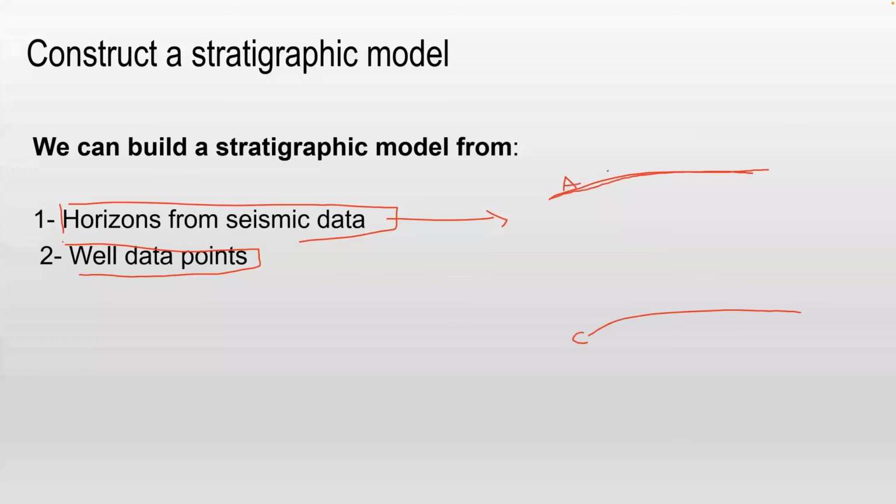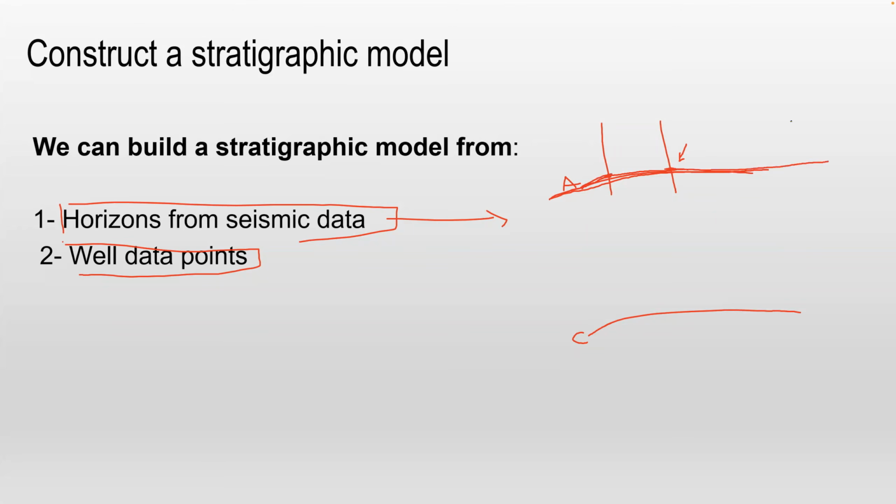After that, you have some wells with well tops, so you must adjust this horizon with these well tops, because what is more important is the well top, because you have it in reality. You have it because the drill actually penetrated this formation at this depth. So you adjust the horizon with well tops.